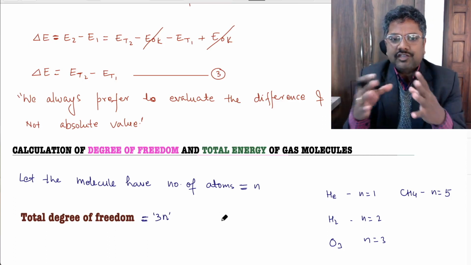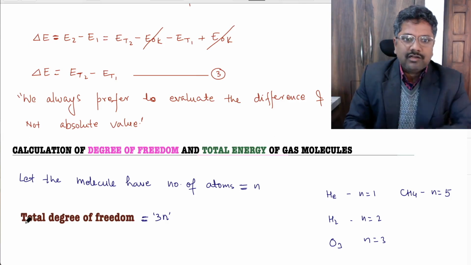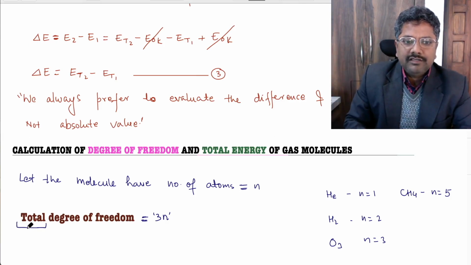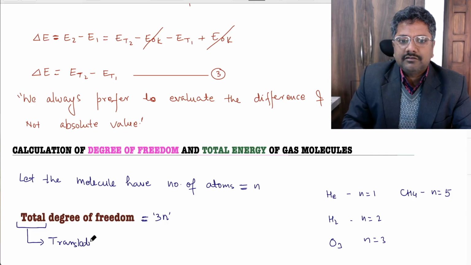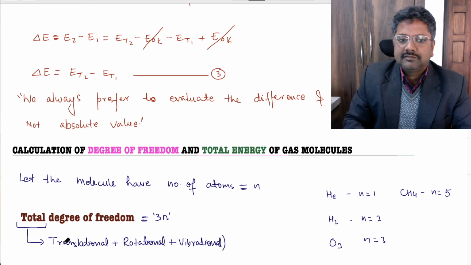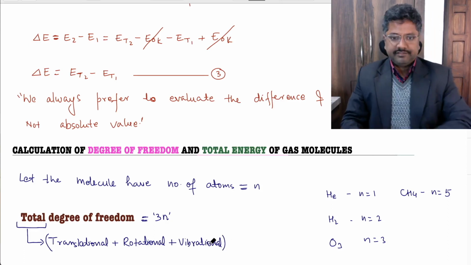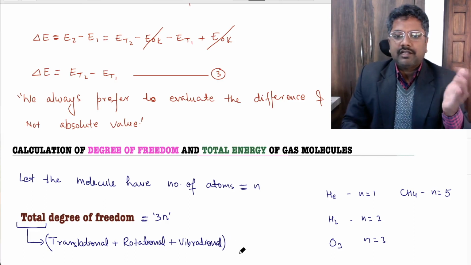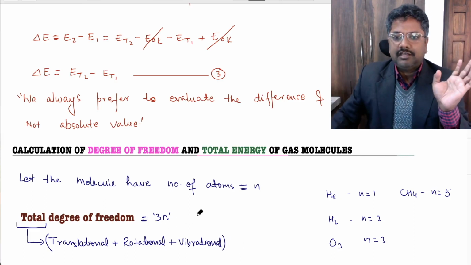Means total translational plus rotational plus vibrational. Total means this. So total translational, rotational and vibrational degree of freedom is equal to 3n, right?